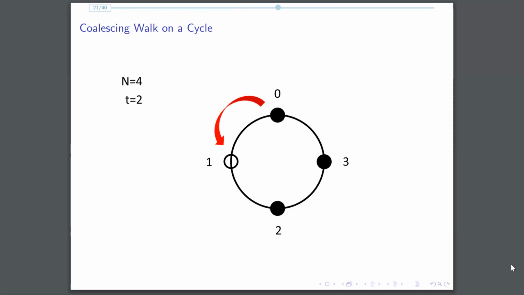Then at t equals 2, we randomly select the vertex 0, and then move the particle at vertex 0 to vertex 1. At t equals 3, we randomly select the vertex 1 and move the particle there to vertex 2, combining it with the particle already existing at vertex 2. And finally, we coalesce the particle that starts at vertex 2 with the particle at vertex 3.